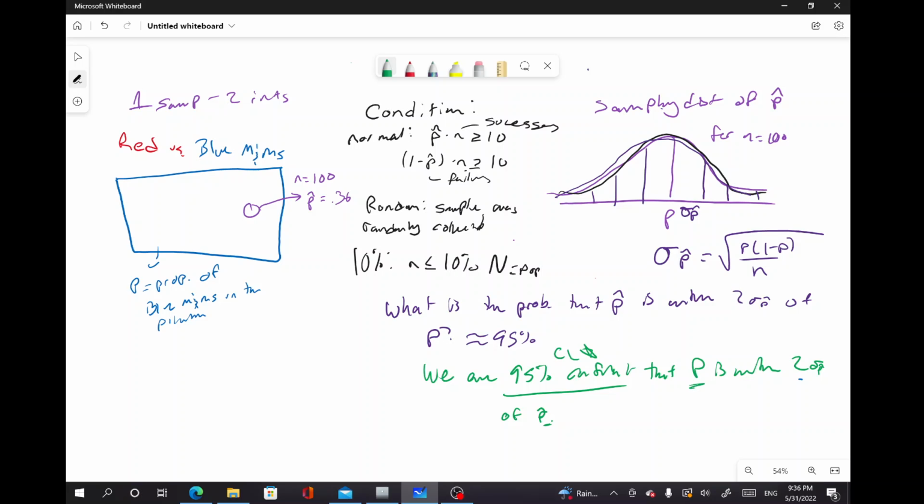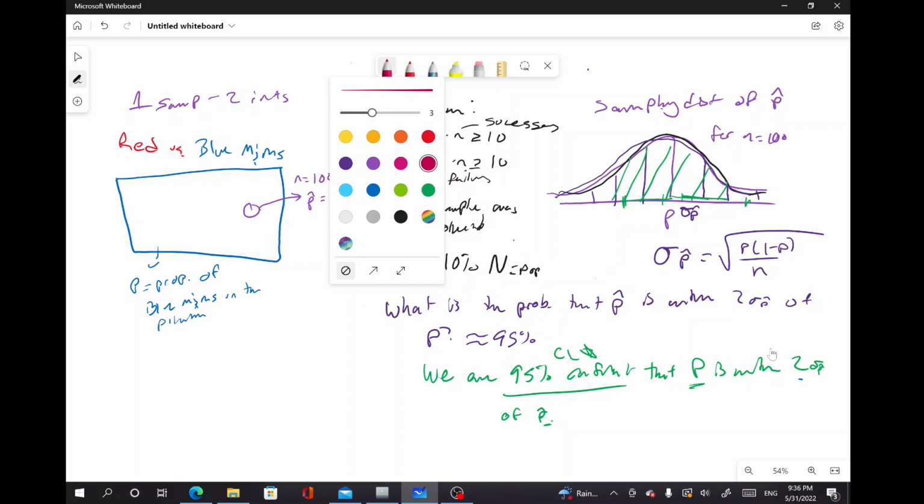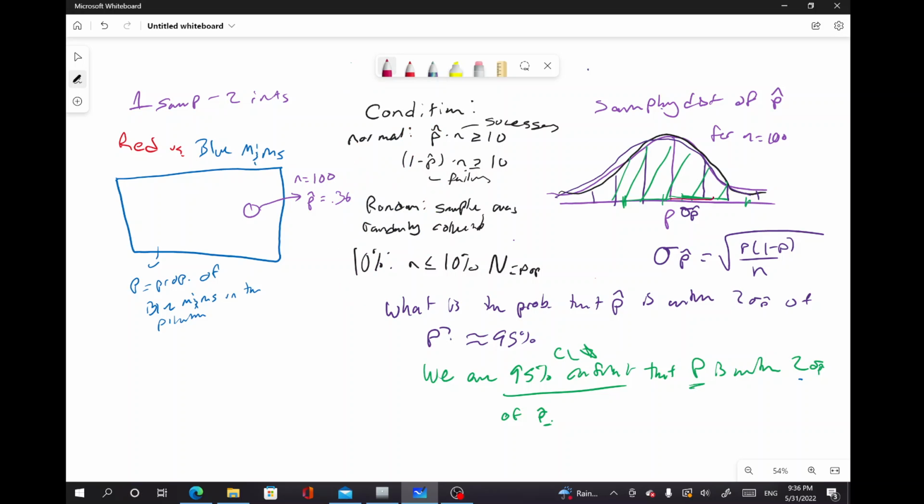And we can make this switch because, if this is the 95%, the p, which is anywhere around this curve, is still equidistant, 2 standard deviations away. But we're inferring from this point instead of this point.